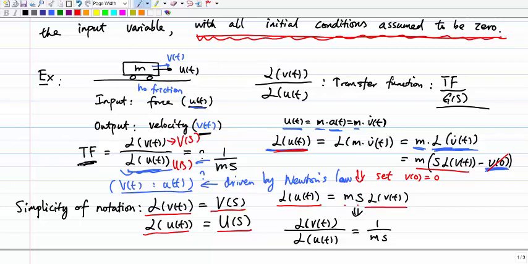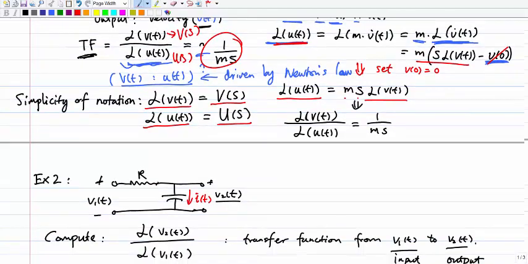Because I want L of v(t) divided by L of u(t), I move m s to the left hand side, which swaps the order. So L of v(t) divided by L of u(t) is 1 over m s. That's my transfer function, my final solution.